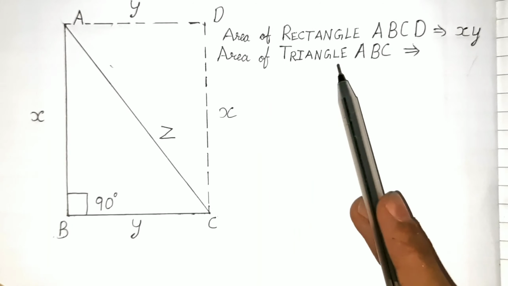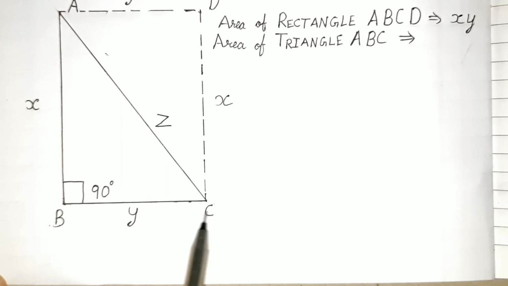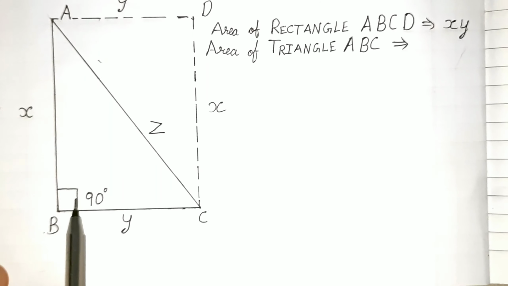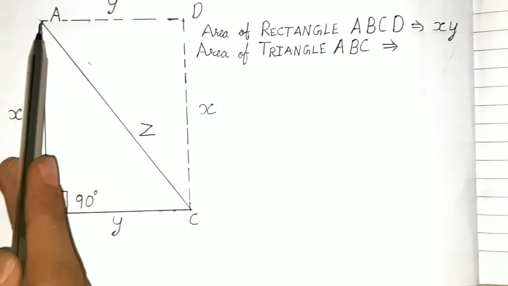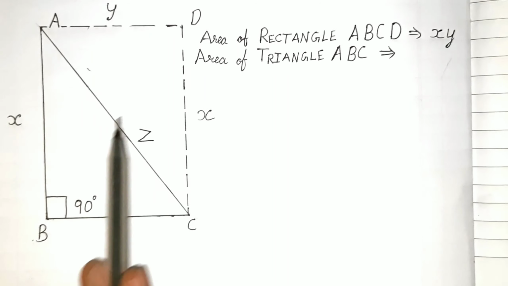Now for the area of triangle ABC, we have triangle ABC, which is a right angle triangle at B. Over here we know that the area of rectangle ABCD would be xy, and line AC bisects the rectangle into two equal right angle triangles.